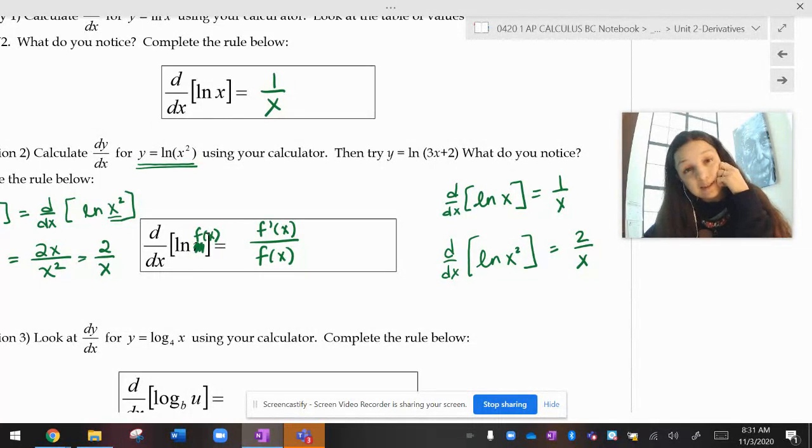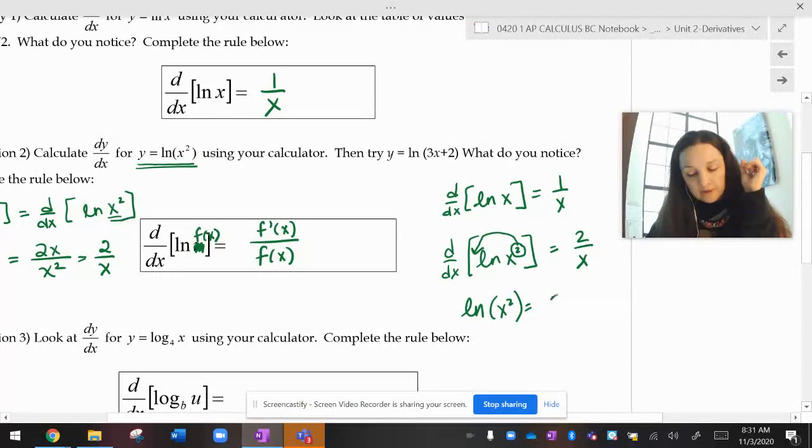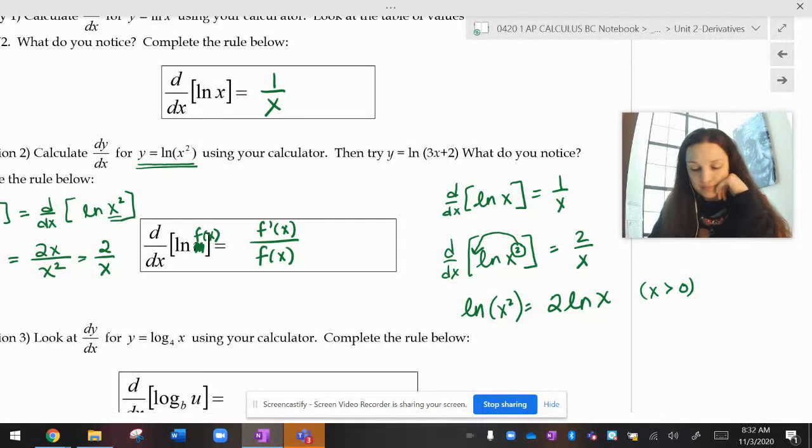Yes, it does, because of the shooting star rule. If I have ln x squared, if you remember, that exponent is allowed to come down in front. Ln x squared is equal to 2 ln x for places where x is greater than 0. So that's one of the reasons that that derivative looks so familiar.